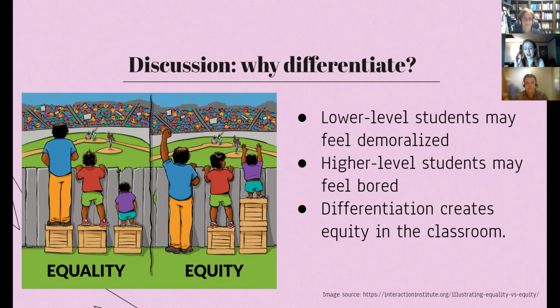They've probably gotten a lot of bad or poor grades, and they feel bad about this. So they're going to be demoralized even before they get into our classes, I think. And higher level students, if they come into a class where they think they already know everything, are going to feel really bored. Have you had experiences with students like this?